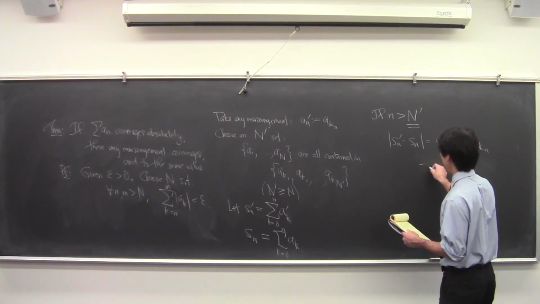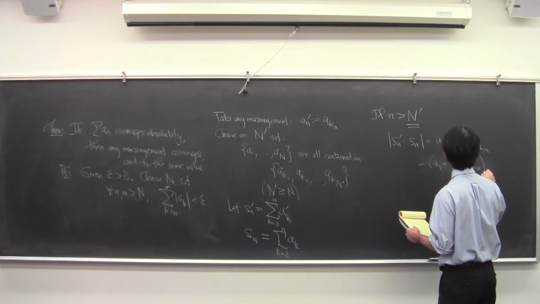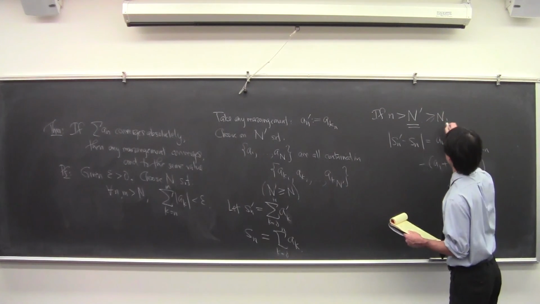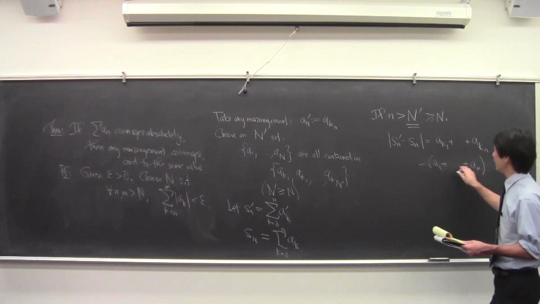And you're subtracting off a1 through a n, where n is bigger than N prime, which is bigger than capital N.